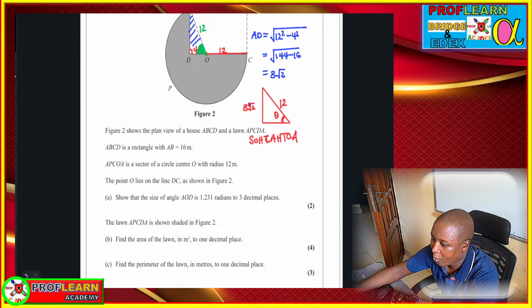Since we have opposite and hypotenuse, we can use sine.